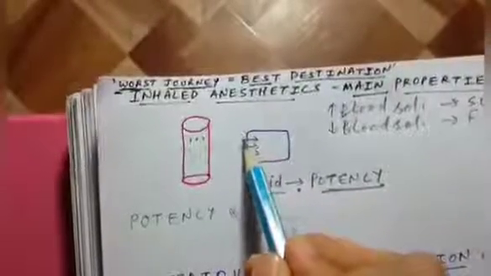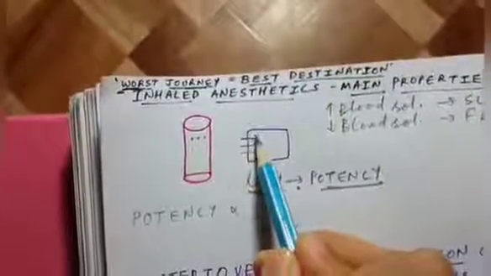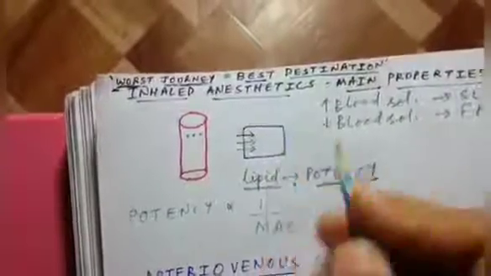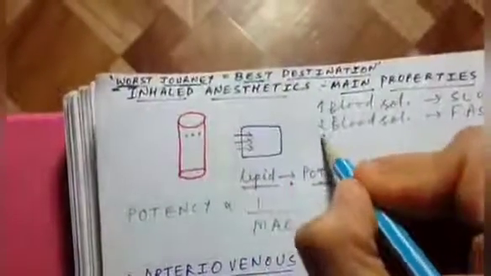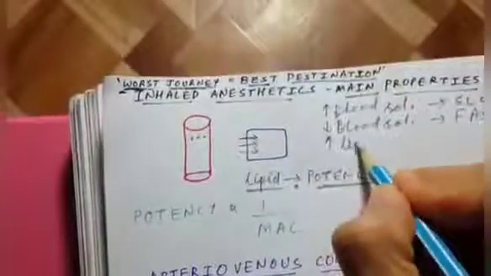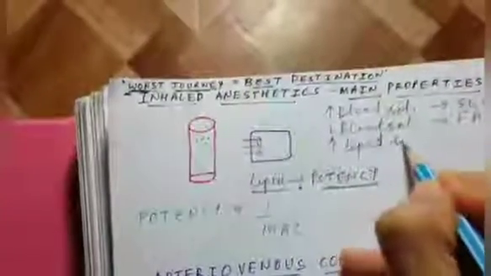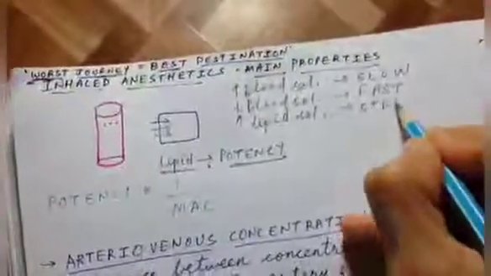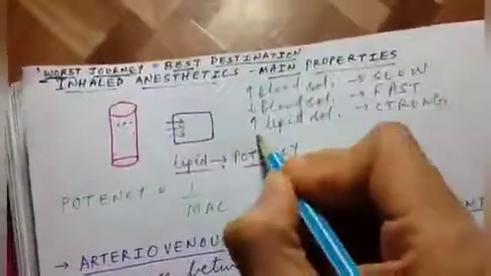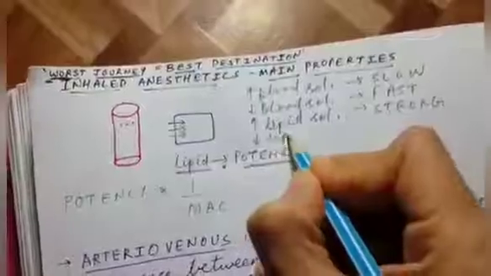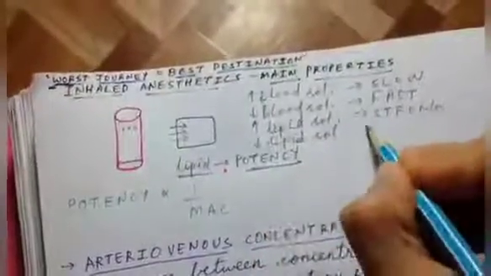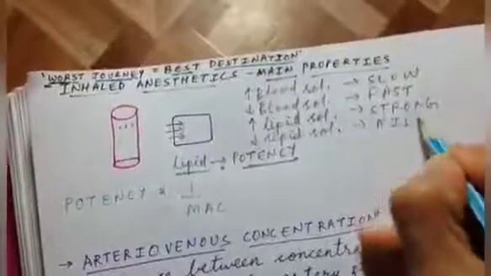So it will enter the cell and produce its effect. If it is highly lipid soluble, then it will be a very strong anesthetic, and if it is less lipid soluble, then it will be a mild one. That's what we mean by potency.